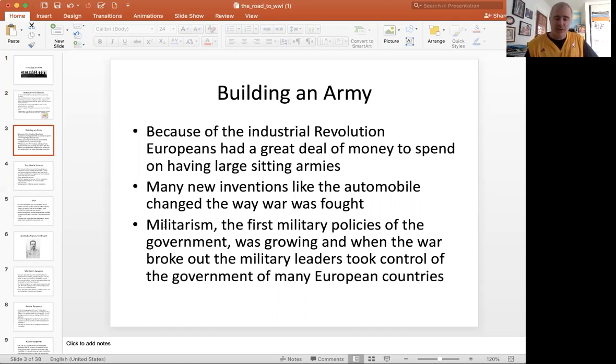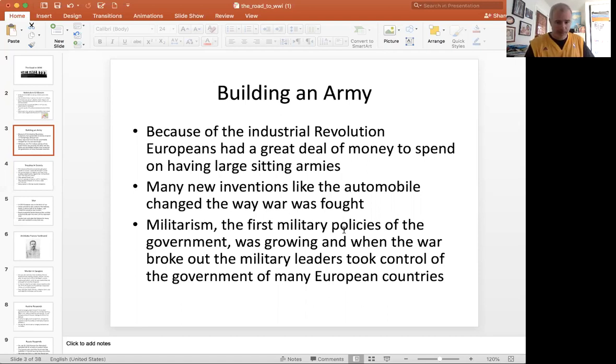War had changed also. We have the machine gun, we have cars. Technology during the Industrial Revolution, electricity and telegraph for communicating. And these armies were big, they were powerful, and they were different.